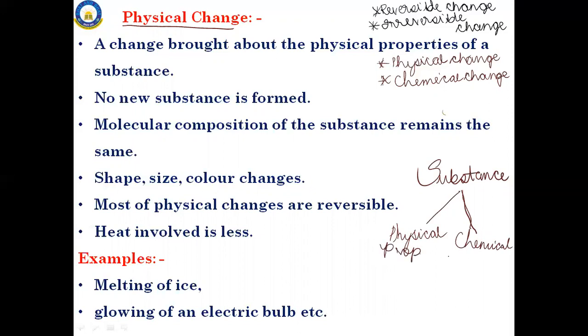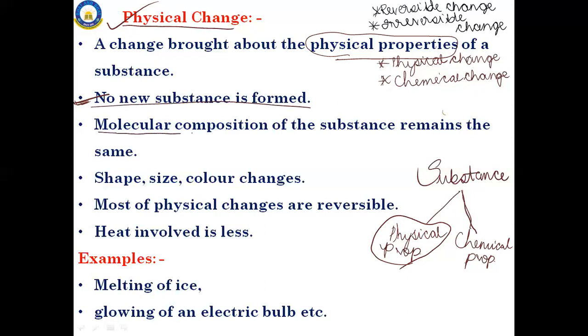If a change alters only the physical properties, that kind of change we call physical change. In a physical change, no new substances are formed, and the molecular composition of the substance remains the same. Now I'm considering an ice cube.